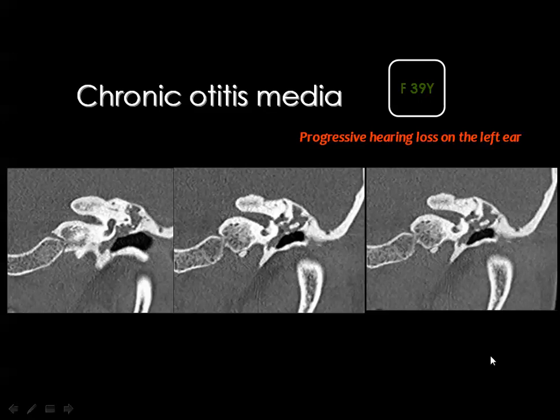Both do not enhance, and they depend mainly on the presence of some air within the middle ear cavity to look for the dependency of the fluid. Then you are dealing with otitis media. If the lesion is non-dependent, then you think immediately of a cholesteatoma.